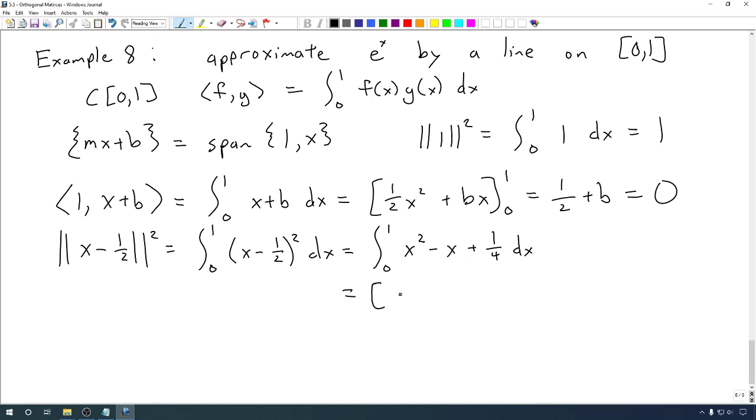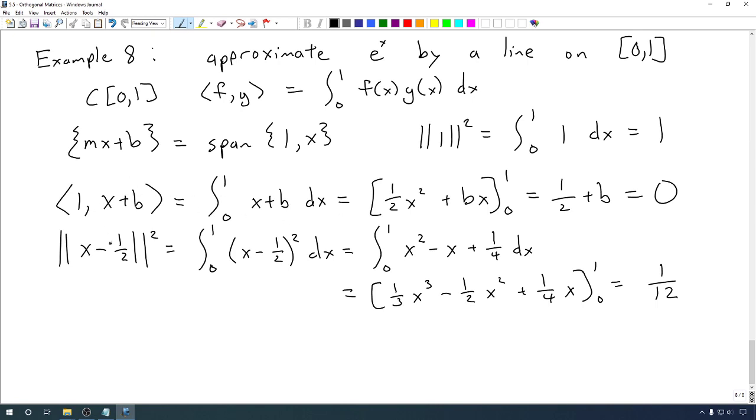We take that integral, we have a 1/3 x cubed minus a 1/2 x squared plus a 1/4 x. And then when we plug 0 in, everything goes away. So really, we just need to plug in 1. We have a 1/3 minus 1/2 plus 1/4, and that all simplifies to a 1/12.